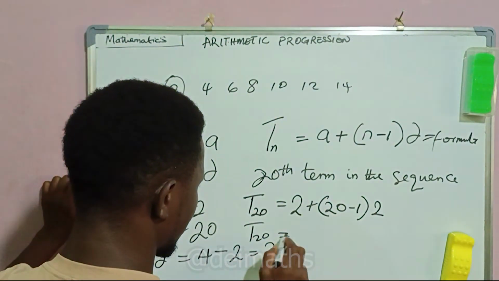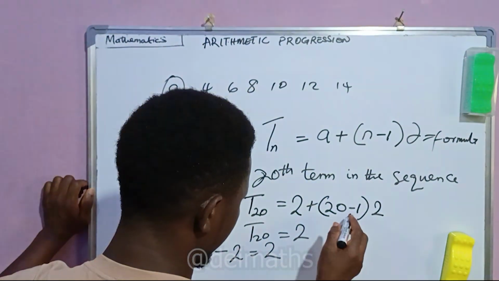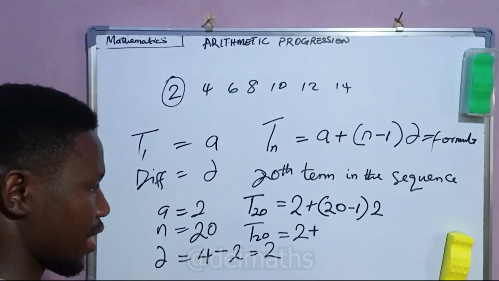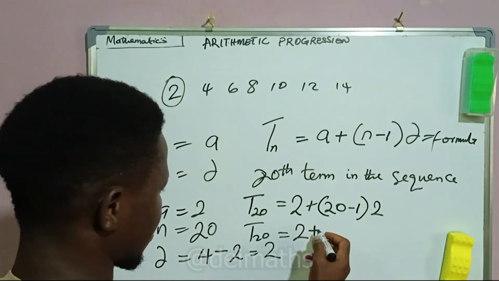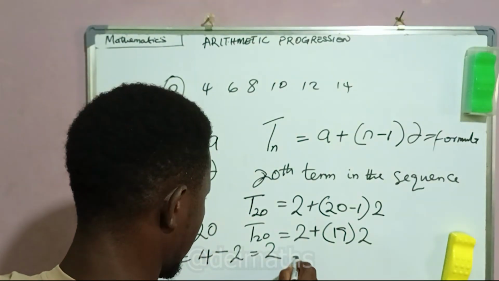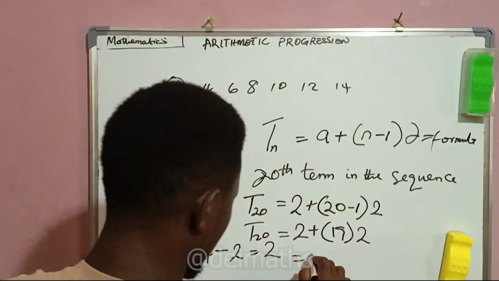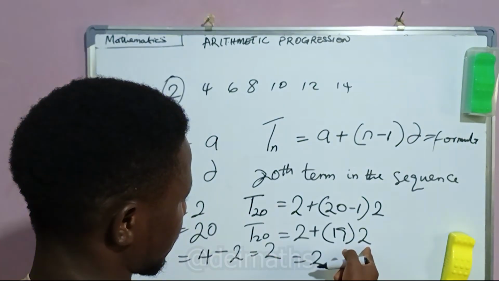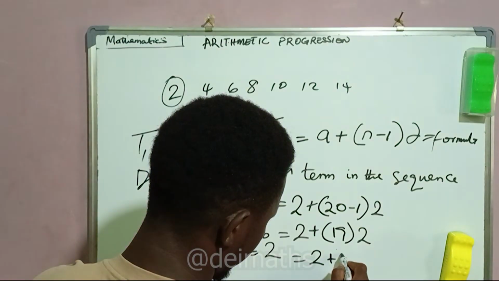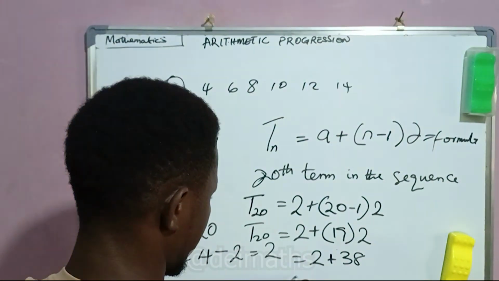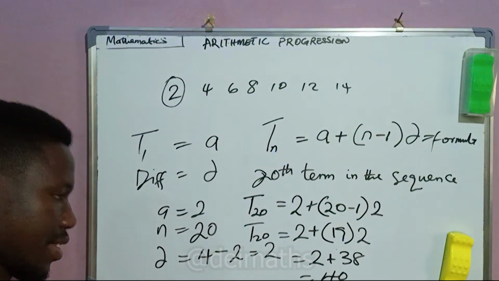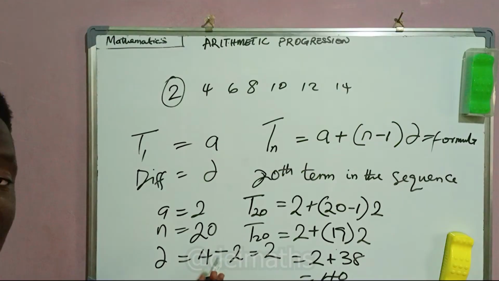T20 is equal to 2 plus 20 minus 1, which is 19, close bracket 2. 19 times 2 should be 38, plus 2 is 38 plus 2, which is equal to 40. The 20th term is 40. As easy as that.